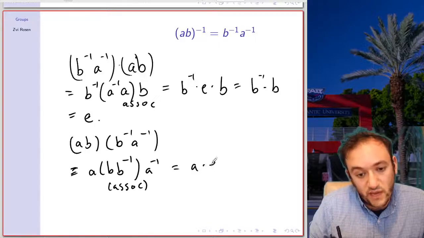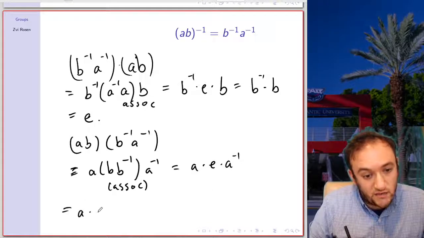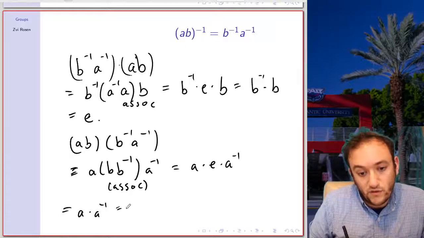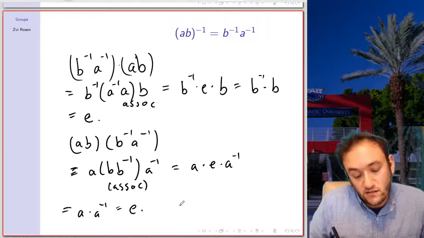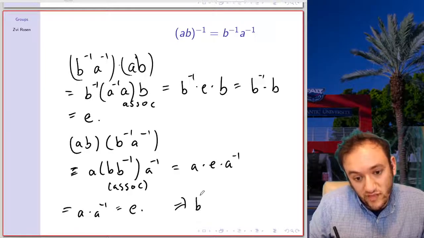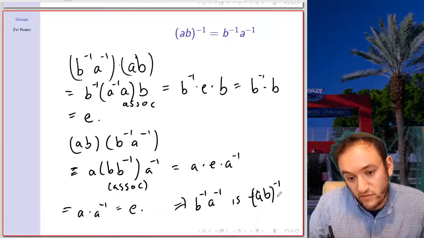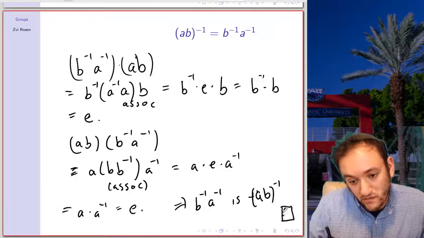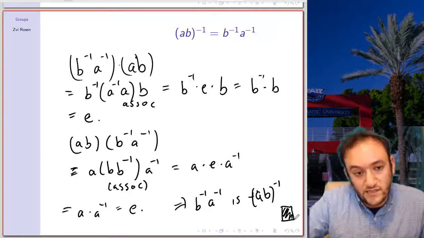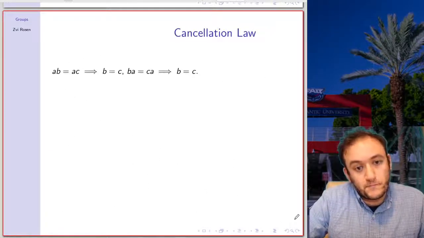This is going to be A, E, A inverse, which is just A A inverse, which is just E. So that tells me that B inverse A inverse is my special inverse element for AB. Okay, and as we know, there's only one element that works that way, because the inverse is unique.